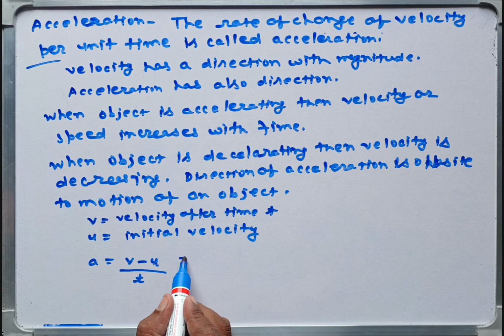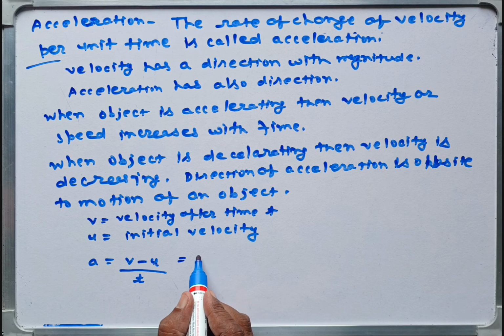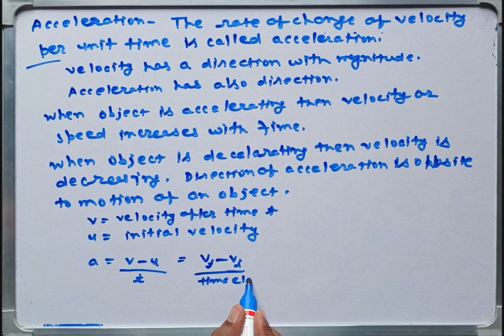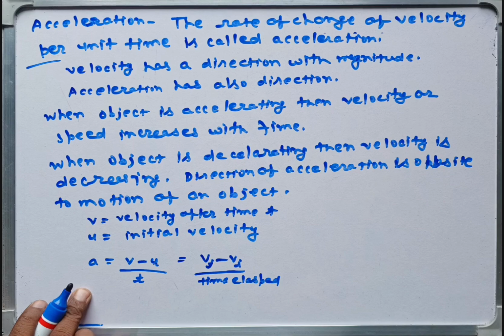Okay, so you can write it as vf minus vi, initial, divided by the time elapsed to change this velocity, which will give you acceleration.